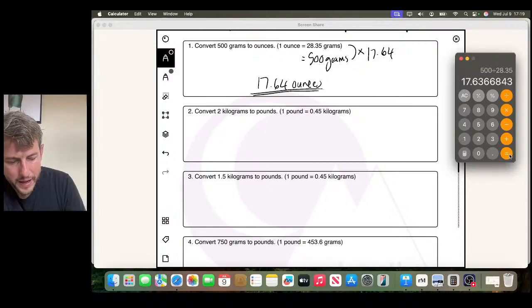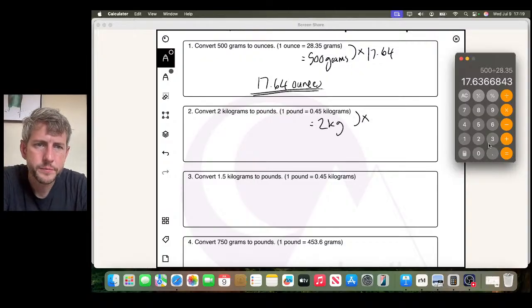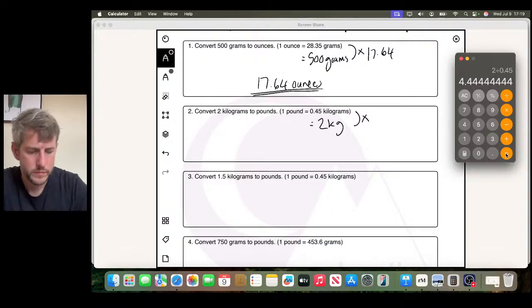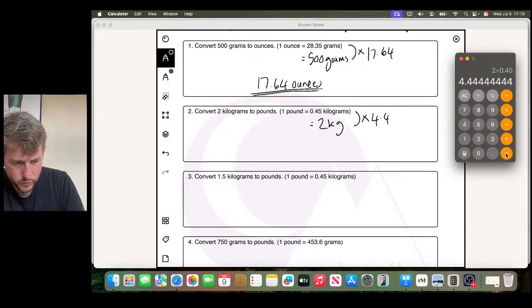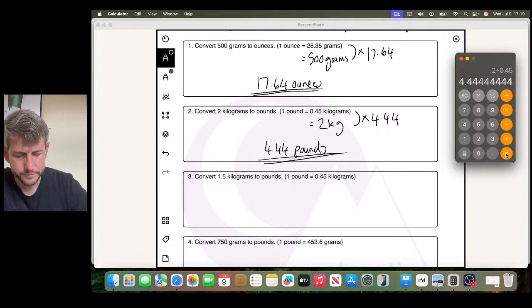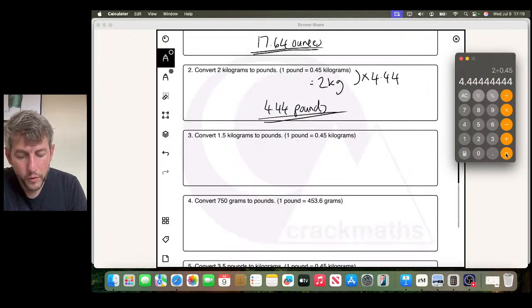Convert 2 kilograms to pounds. Okay, so we need to go here. What are we timesing that by? Okay, that's 4.44. Then 1.5 kilograms to pounds.